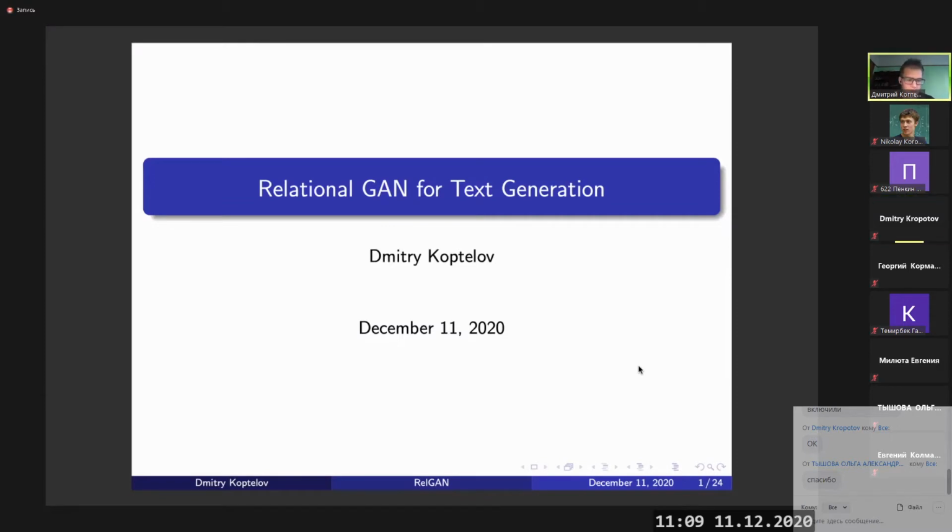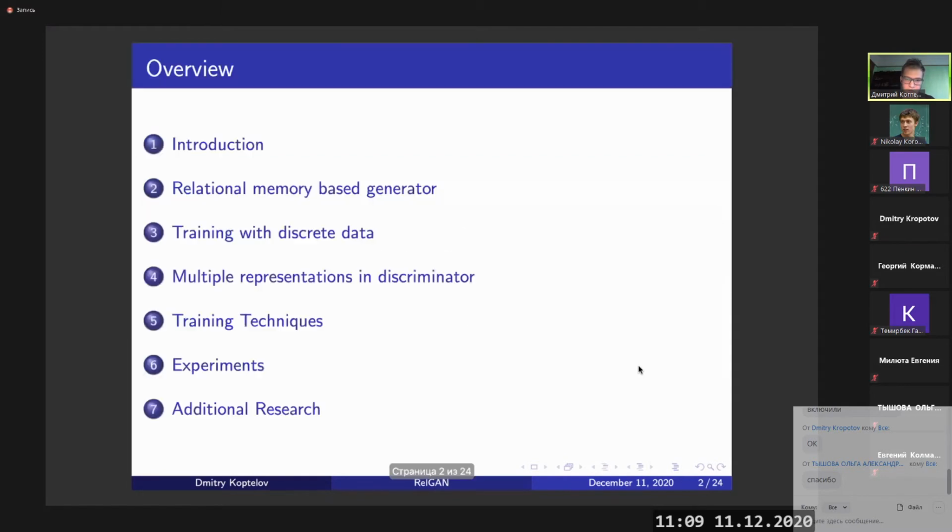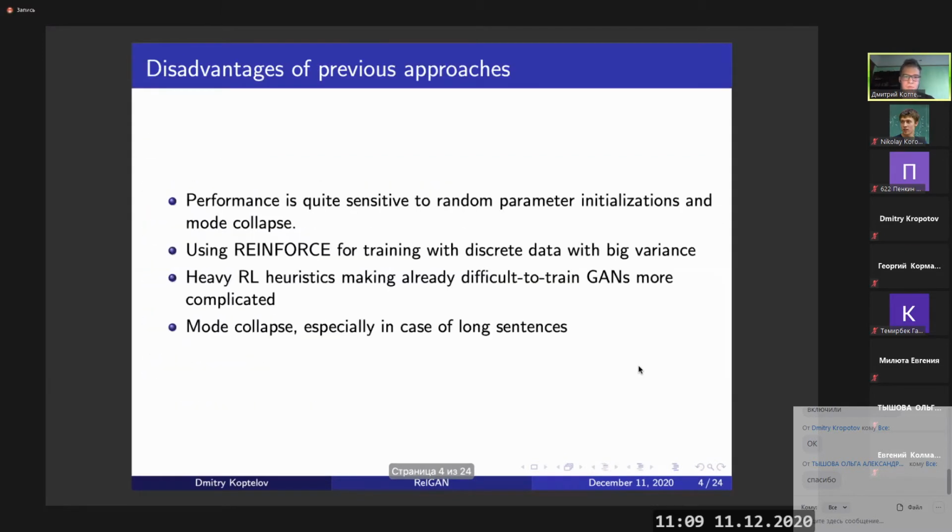I'd like to tell about RelGAN for text generation. First, I start with the disadvantages of previous approaches to generate text through GANs. The first is that their performance is quite sensitive to random parameter initializations and mode collapse.